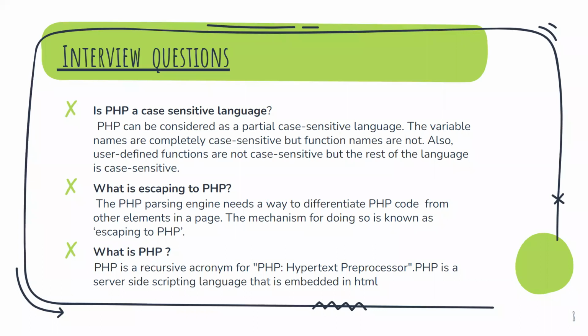There is something called the PHP parsing engine. This basically does the job. It differentiates PHP code from other elements within the page, and the mechanism that's used for differentiating the PHP code from other elements present in the page is nothing but escaping. And then for PHP, as already mentioned earlier, we can just give the basic definition and some of its functions.